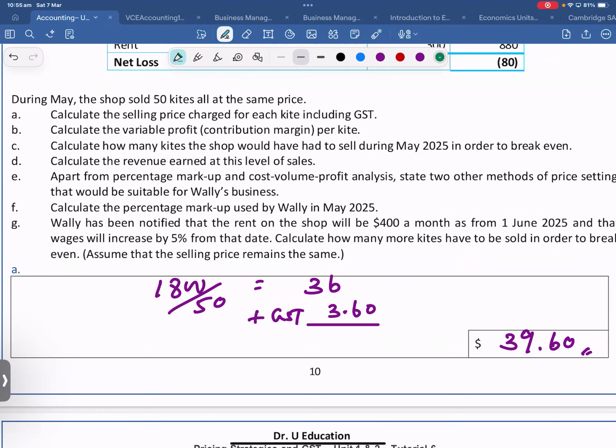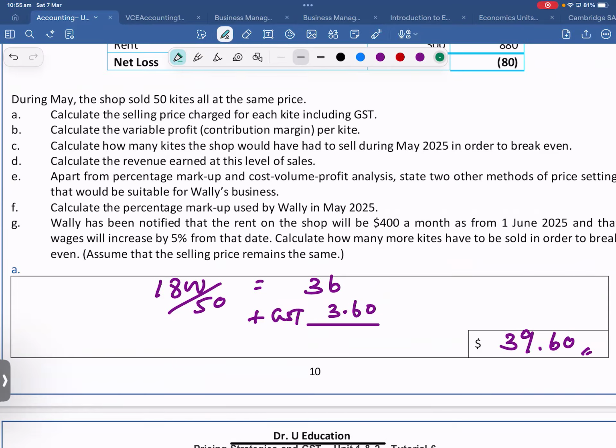So our cost is 200, we want to make a profit of 100, then how much is the selling price? 300. Right? 50%. So how did you calculate 50%? You just put the profit over the cost price, times by 100. Now you try.